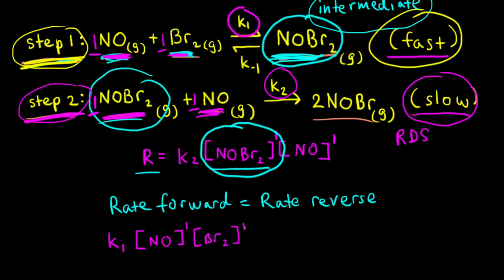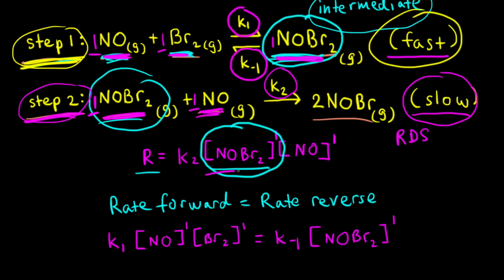Since this is an elementary reaction, we can do this. And we set this rate of the forward reaction equal to the rate of the reverse reaction. The reverse reaction has a rate constant of k minus 1, and we have only NOBr2 with a coefficient of 1. So we multiply k minus 1 times the concentration of NOBr2 to the first power.